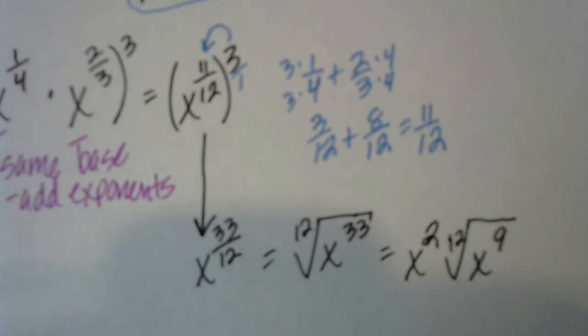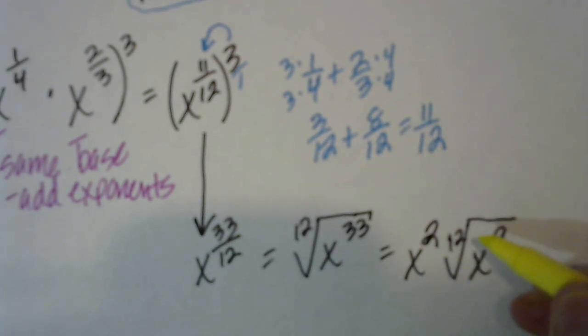Well, guess what? There is another skill that happens every once in a while. This is an example of a radical that can be reduced. I wonder if you can see why.